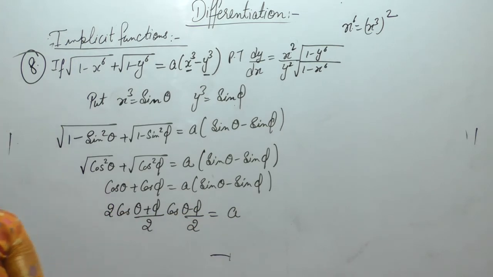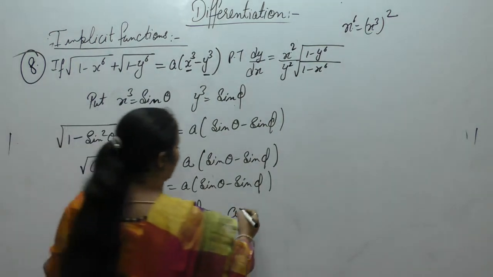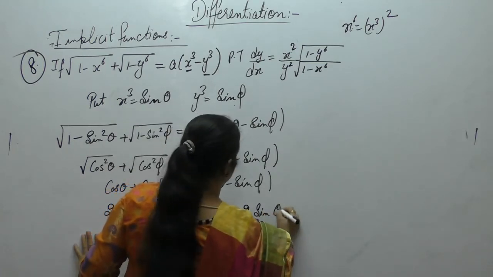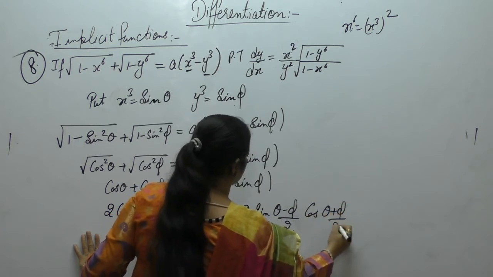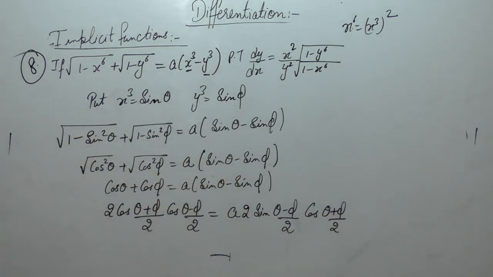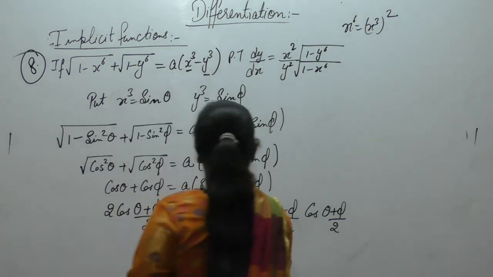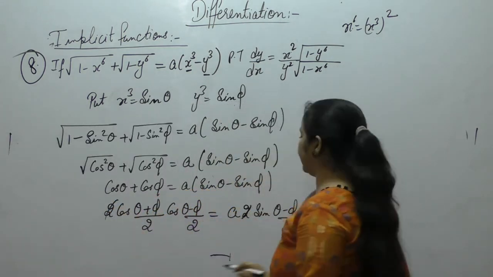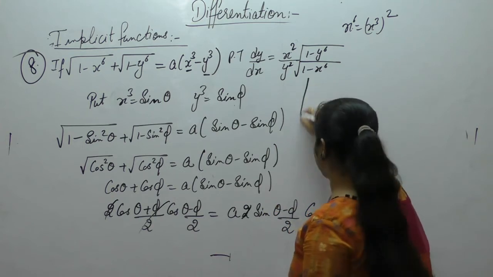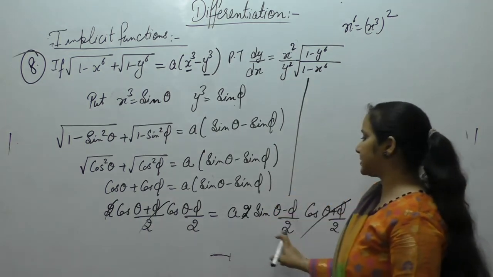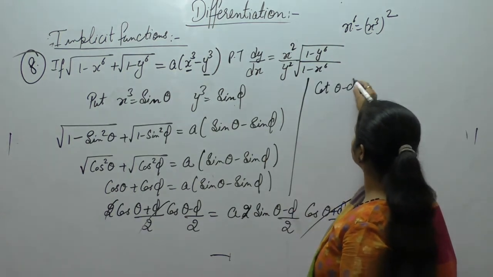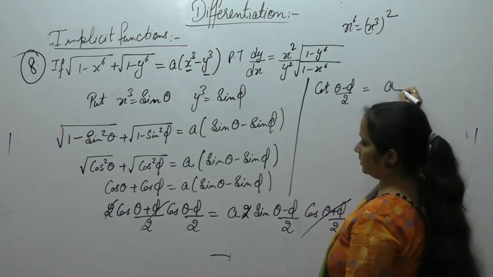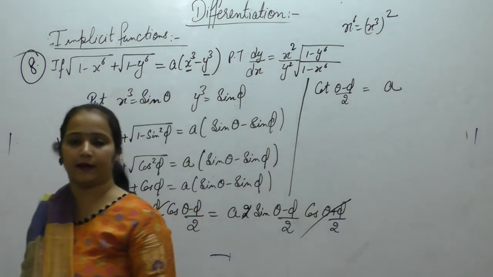And sin C minus sin D is 2 sin C minus D by 2 cos C plus D by 2. 2 will get cancelled. Cos theta plus phi will get cancelled. So we are left with cos and sin. Cos upon sin is cot. Theta minus phi by 2 is equal to A.